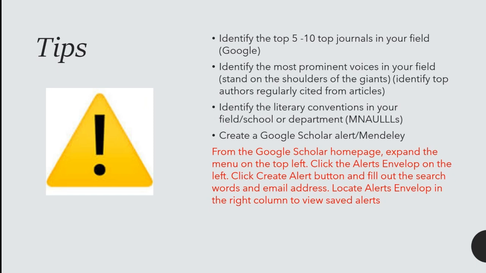I usually ask all my students to start by identifying the top 5 to 10 journals in your field, or journals that speak to your topic. Now, if you're very new, you might not know what these journals are. And you might need assistance to find them.